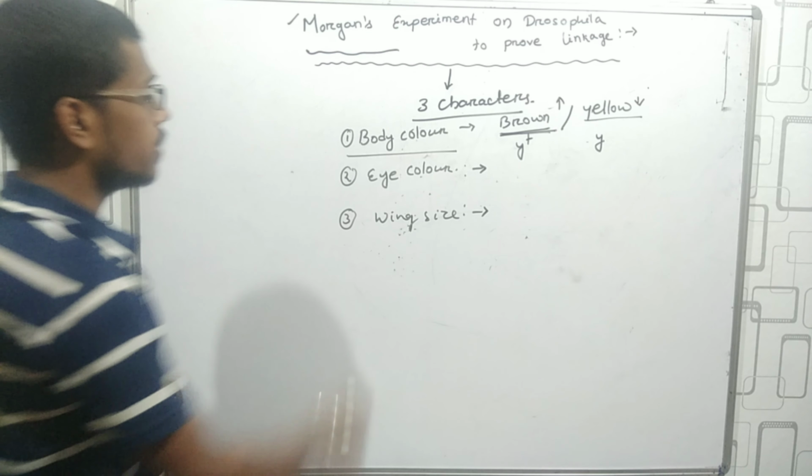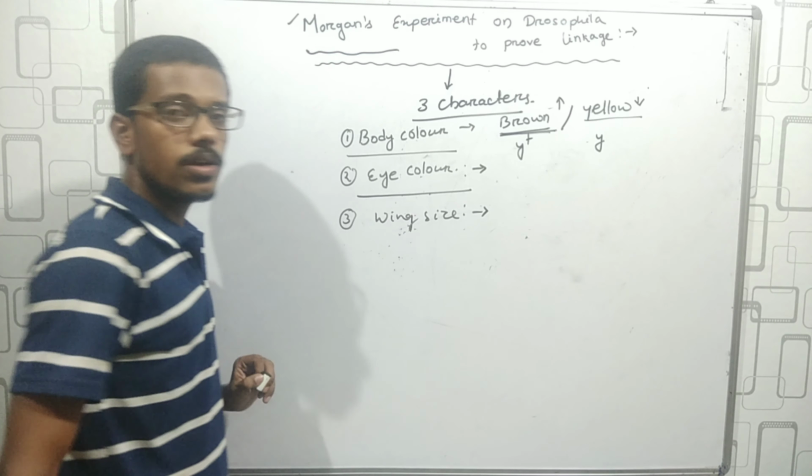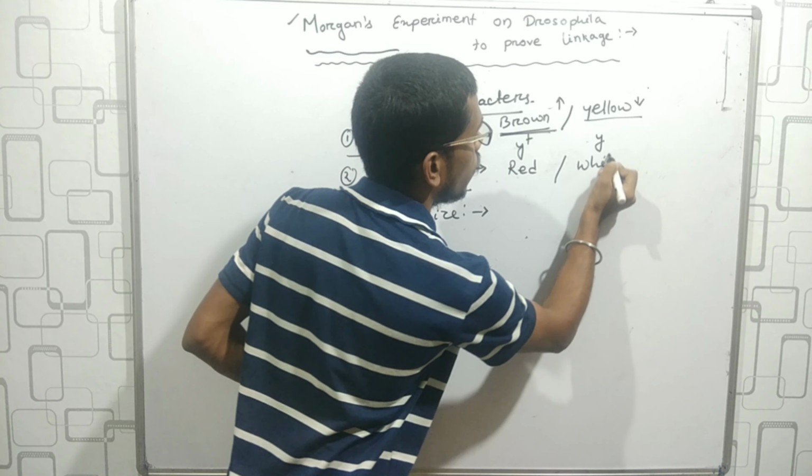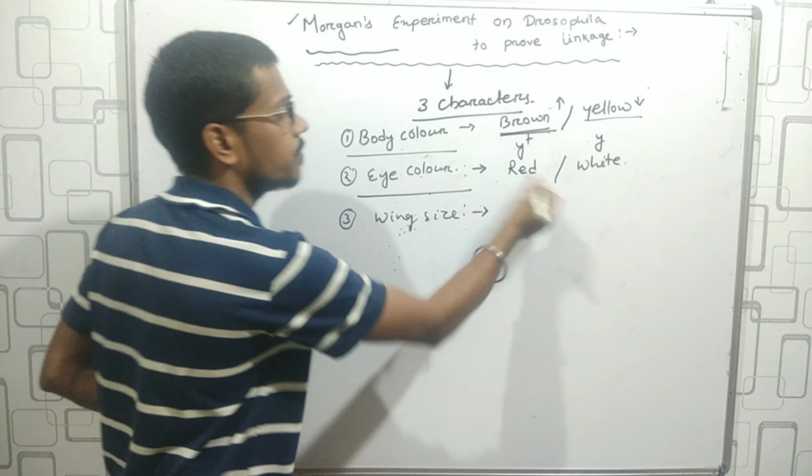And if you see the eye color, there are two eye colors: red and white.